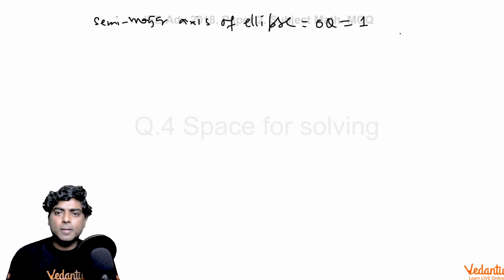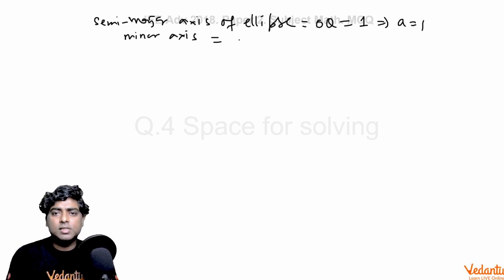So we can say semi-major axis A is 1, and the minor axis length was given to be √2. So we can say B, the semi-minor axis, is √2/2, that is 1/√2.